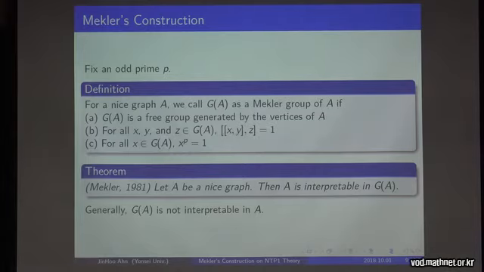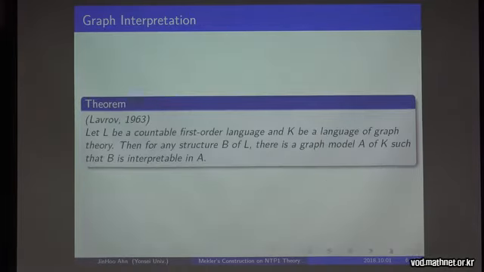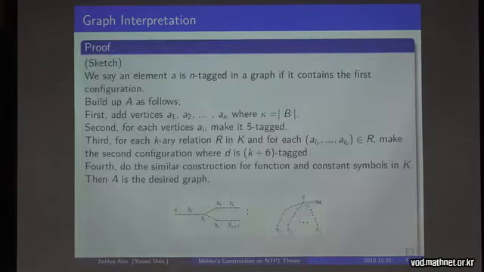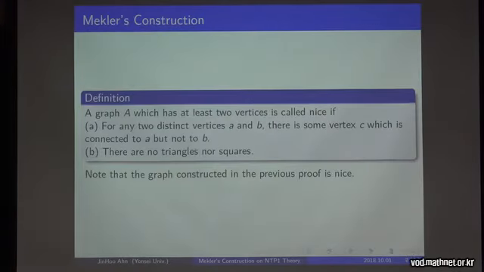Actually, in the first proof of Lavrov's theorem, the tag was actually a triangle. But Mekler somehow found out that a triangle in the graph does not give a good result.